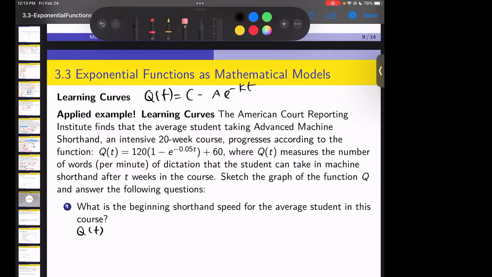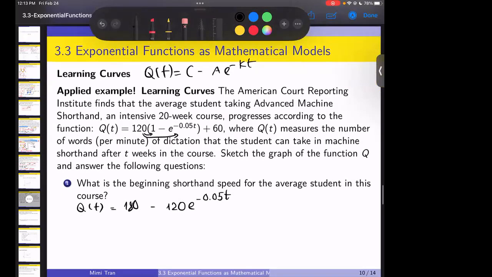But 100 times 1 is 100, and adding 60 is 180, minus 100 e to the negative 0.05 t. So now it looks like it. All I do is distribute the 100, then combine the 100 with the 60. So it is a learning curve. What is the beginning shorthand speed for the average student in this course?